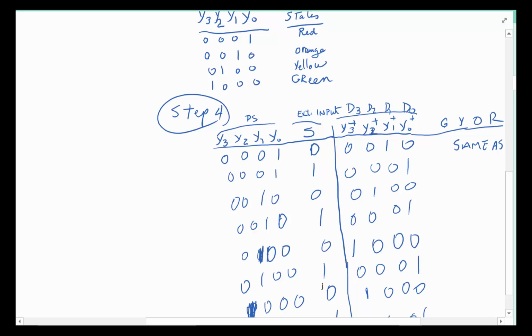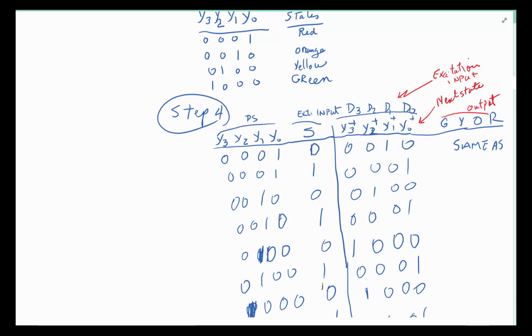That's why we kind of like this. So I wrote some kind of follow-up on this one just to make sure. D0, D1, D2 are the excitation inputs. Those are the ones we want to write the equations for, because we're going to need them in order to design the schematic.